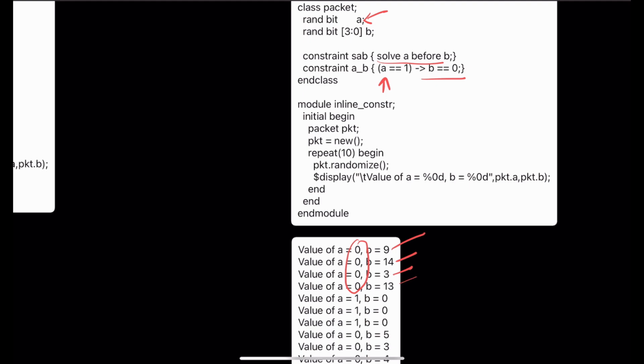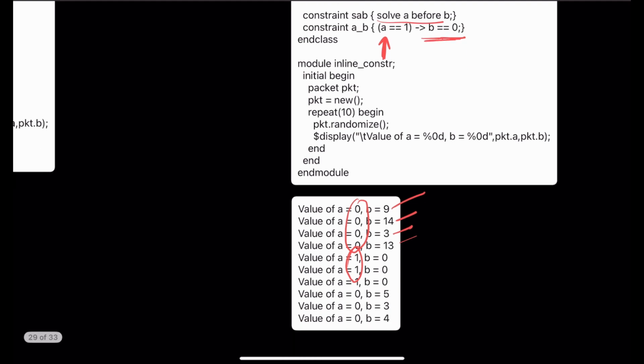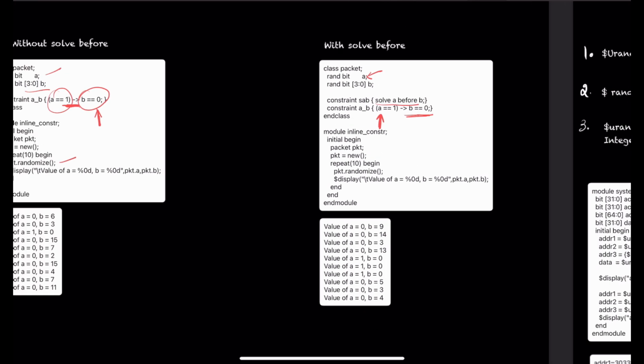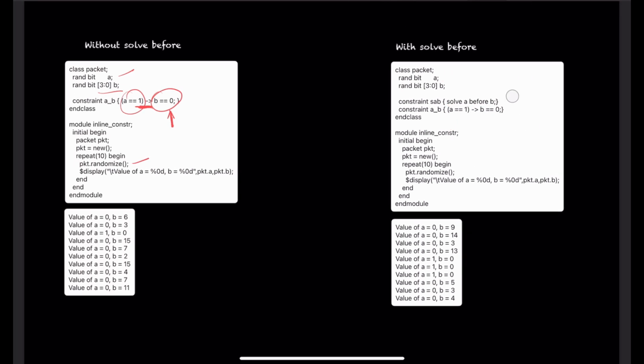Now in another iteration it will randomize A equal to 1 about 50% of times. Then B will be 0, correct? So we can see that by using solve A before B, the occurrences of A equal to 1 increased. That's why it reduces the bidirectional nature of the constraints.